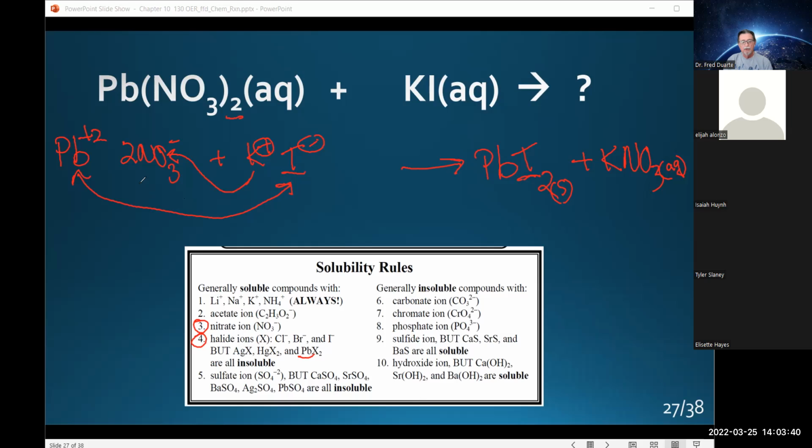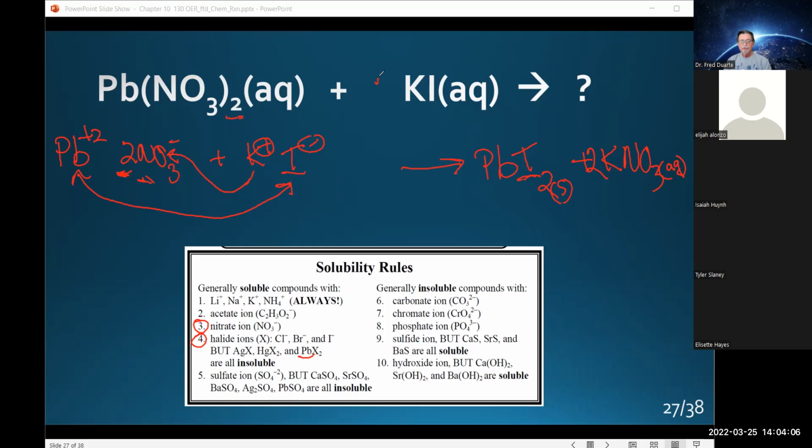Now, in the beginning, we saw that we had 2 nitrates because we had a 2 right here. So when I put the potassium nitrate together, I can put a 2 there because I do have 2 nitrates that came from the lead nitrate. And what that does is that kicks up my potassium to 2.